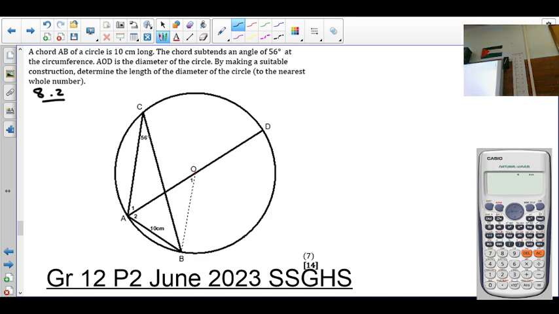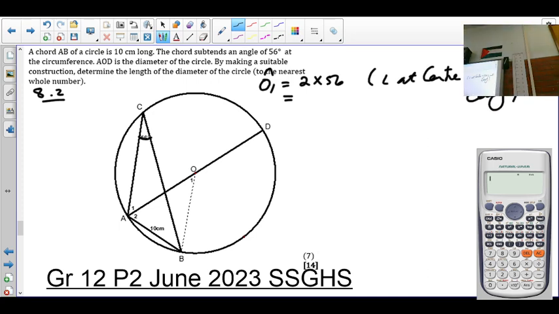So if I got 56 degrees there, then we know that angle O1 is equal to 2 times 56. Why? So angle at center equals 2 times angle at circumference. Okay.